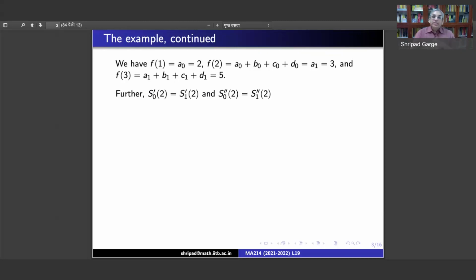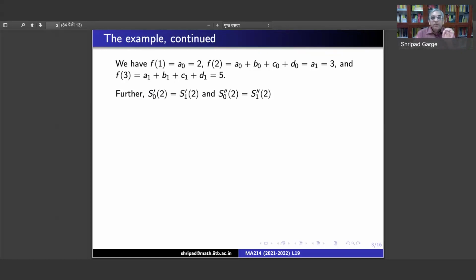So we look at these two equations, which equate the derivatives of S0 and S1 and also the second derivatives of S0 and S1 at the point common to both subintervals 1 comma 2 and 2 comma 3. The point in common is x equal to 2.